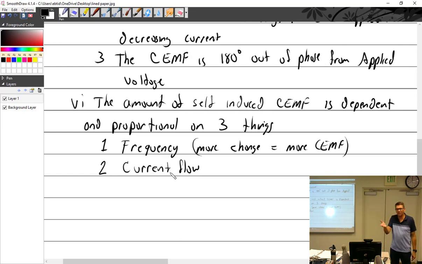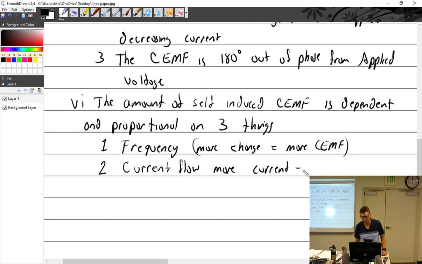So what I'm saying here, frequency, the faster you move it, the more you're going to have. The stronger the magnet, the more you're going to have. Where does the magnet come from? It's electromagnet. So current flow. More current, more EMF. Counter EMF.